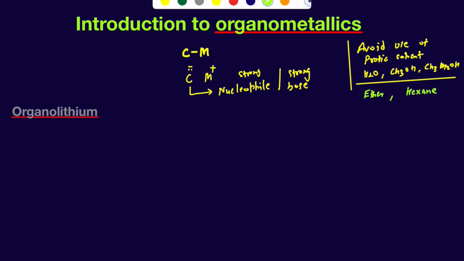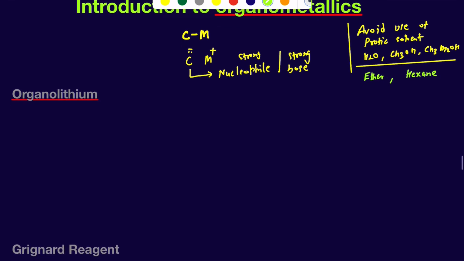So let's come down to some of these different ones. I have organolithium as the first one. Now remember, these are not the only organometallics that you would see, but these are the most common ones that you're going to be seeing in sophomore organic chemistry. If I'm talking about organolithium, what I have is a carbon-lithium bond.